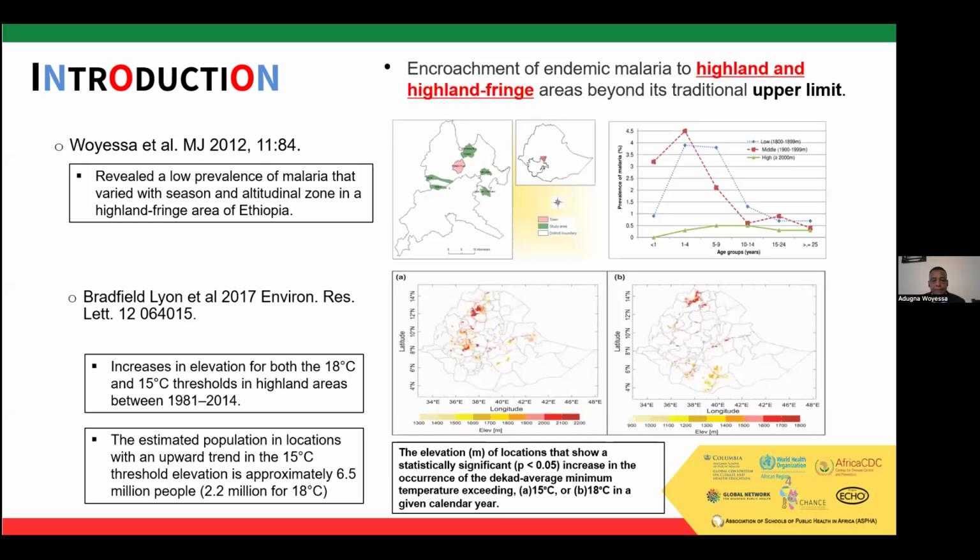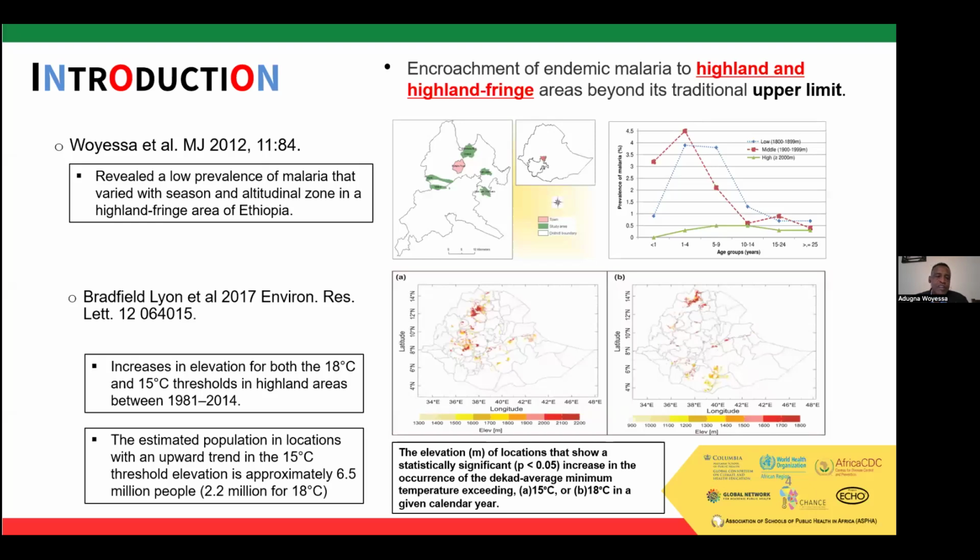This is one of the things which is not well documented in Ethiopia. We used to have malaria program operation in areas below 2000. That means areas above 2000 elevation used to be known as malaria-free, or malaria occurring sporadically during epidemic years.